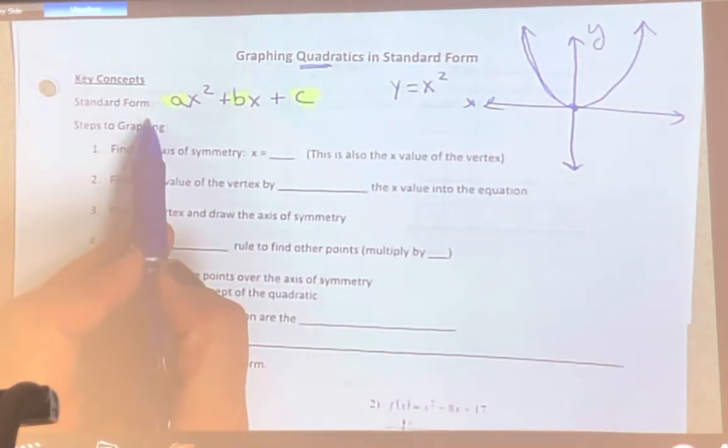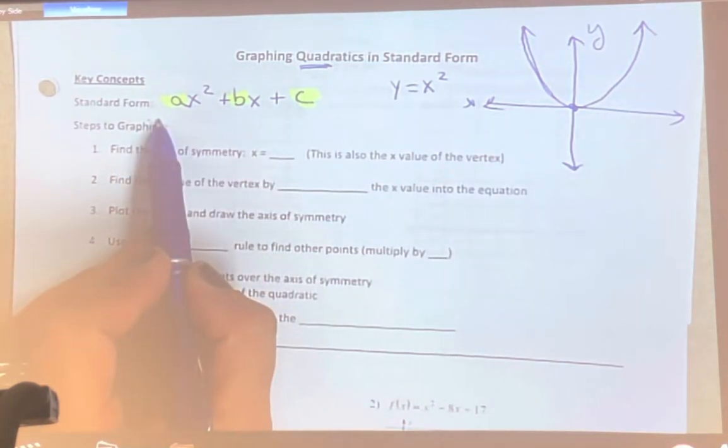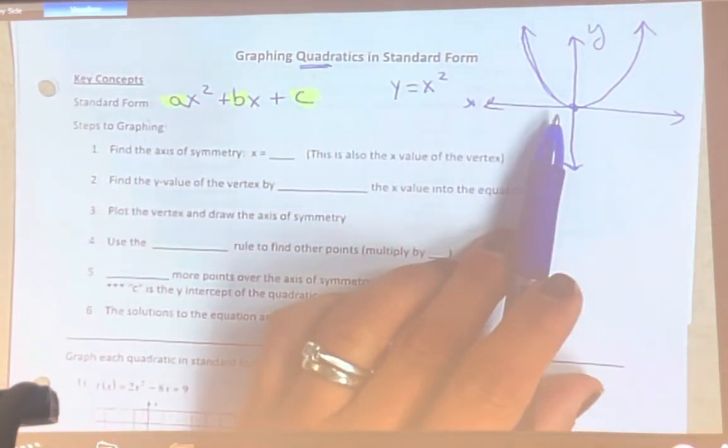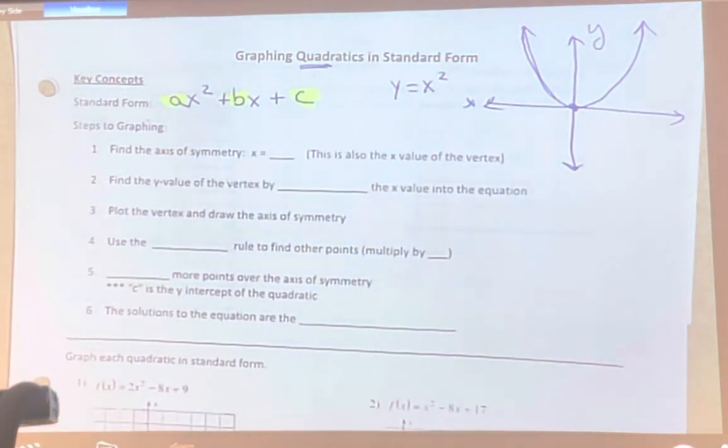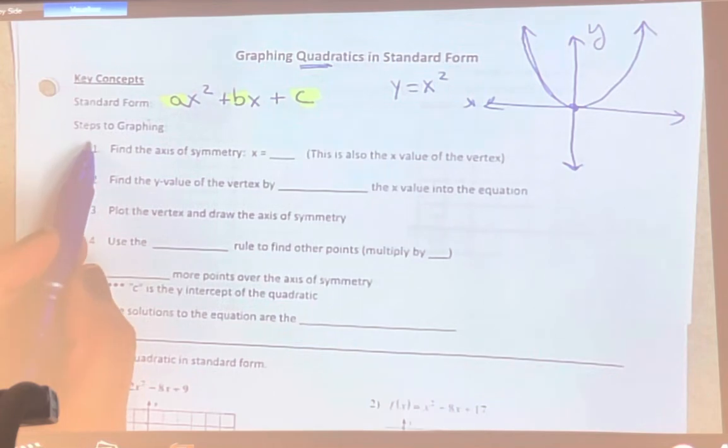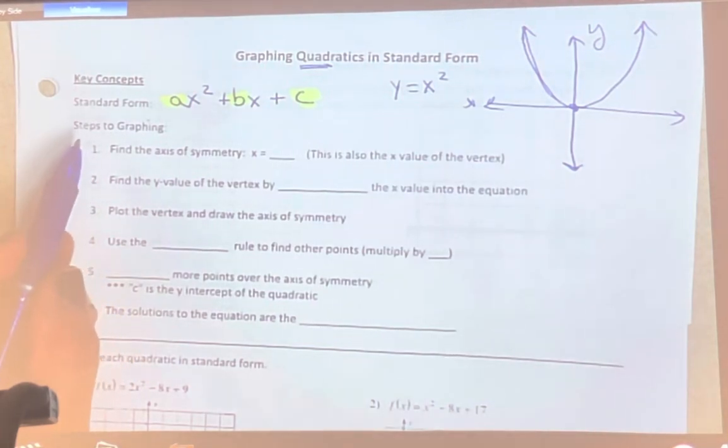Okay, so this is the standard form, and we're going to use this form to graph our parabolas. The first thing we need to do, step 1, is find the axis of symmetry. But I would say, like, what would it be before 1? Like the prequel, okay?